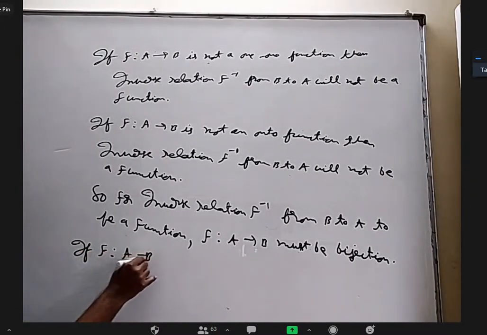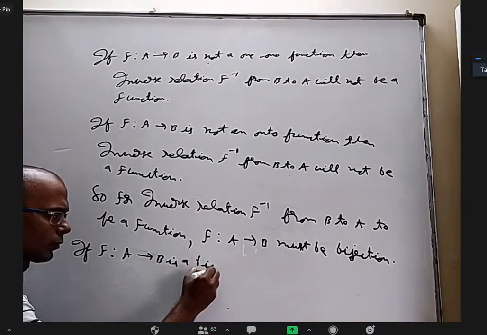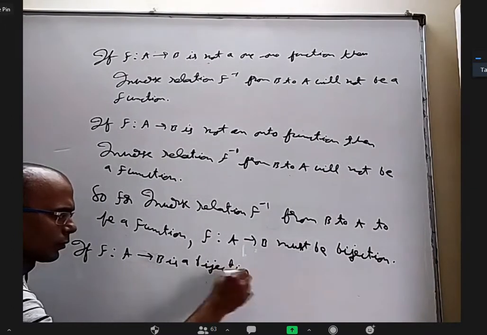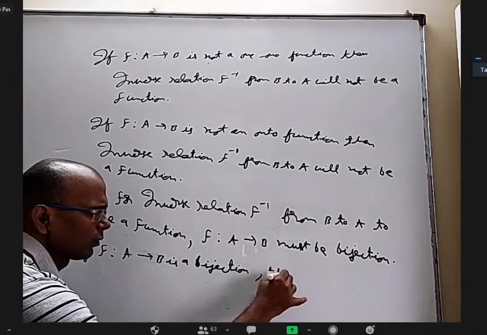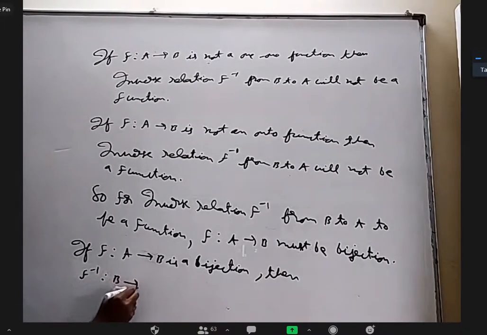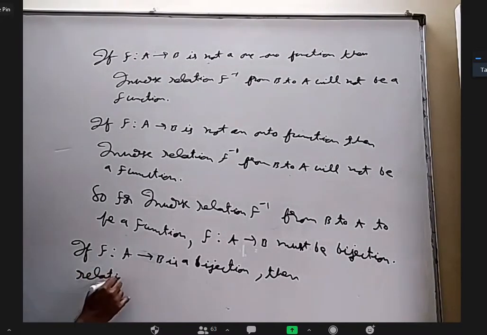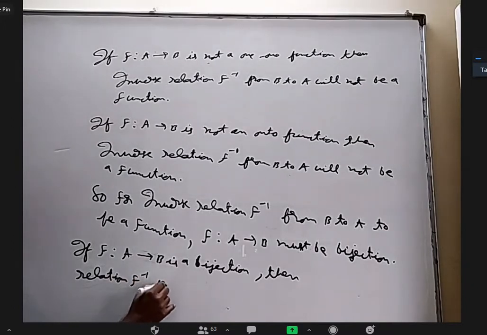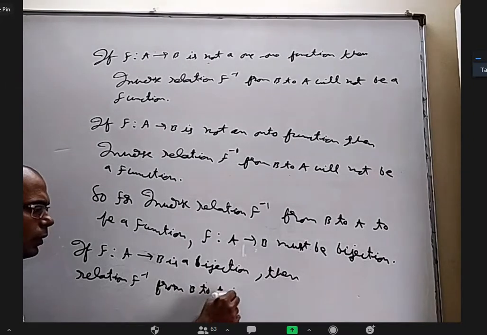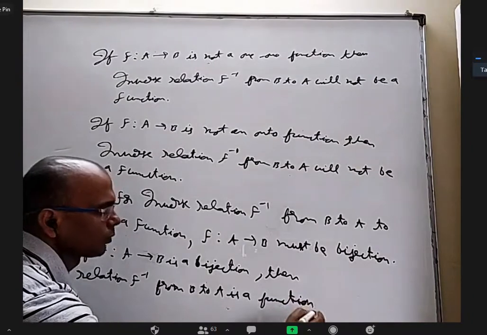If f from A to B is a bijection, then f inverse from B to A is not only a function, that relation f inverse from B to A is a function, and that too a bijection also.